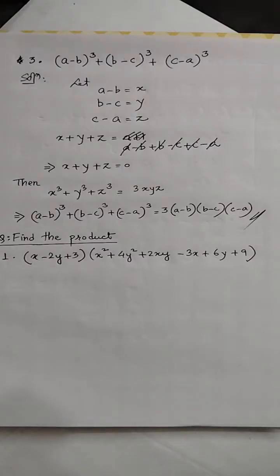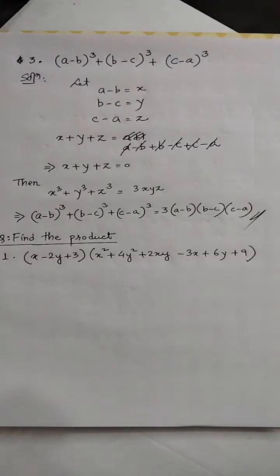How did x cube plus y cube plus z cube equal 3xyz come about? Will it be provided in the question? No, this will not be provided in the question. So x cube plus y cube plus z cube equals 3xyz is a property. Okay, if you go through yesterday's stream, then you will know it very well.